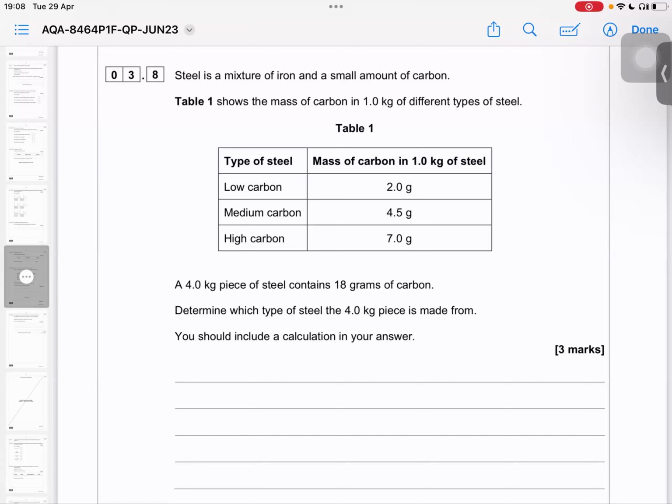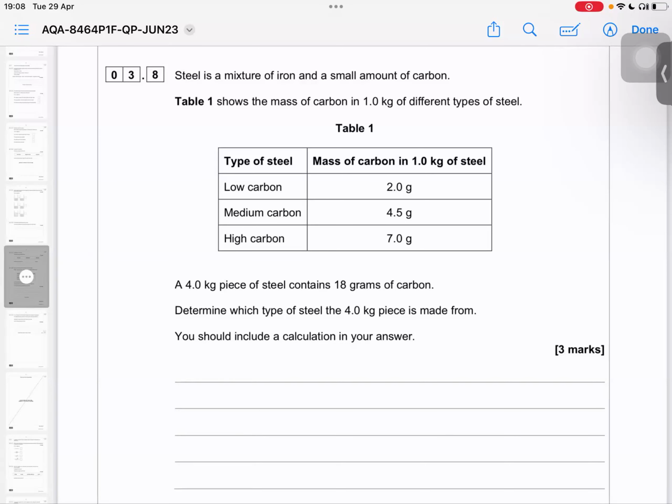Okay. Yes, it is. The one that I did, and then there's also 2.5 times 2.0.